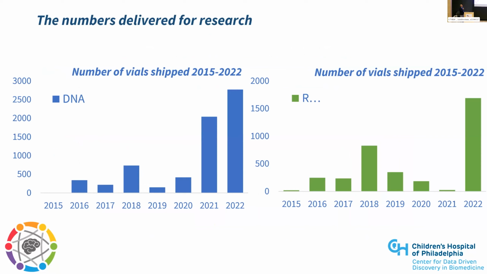I'm glad to report that the numbers of samples delivered to researchers are also growing along the years. And you can see this tremendous spike of especially tumor DNA and tumor RNA within 2022 and 2021. That's clearly related to the EXO-1 project, which is really a highlight of recent tissue specimen-based studies in CBTN.